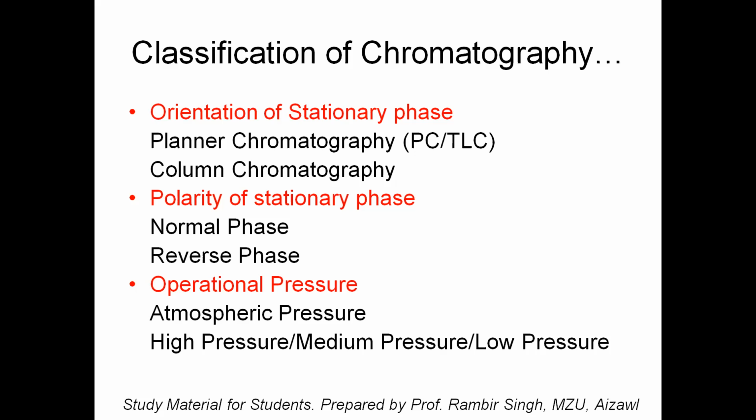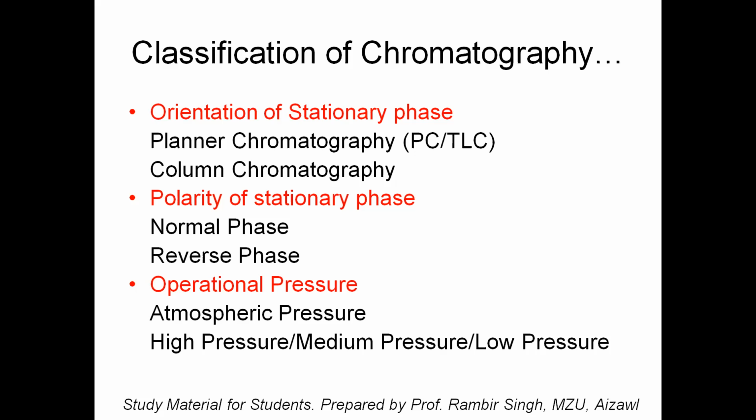You will have a uniphasic system. Now you have a solution, or a slurry. You do not have two distinct phases, stationary as well as mobile. That was the reason Michael Tswett used a mobile phase that was immiscible with the stationary phase. That is the first requirement of chromatography: you should have two distinct phases, one stationary and another mobile.